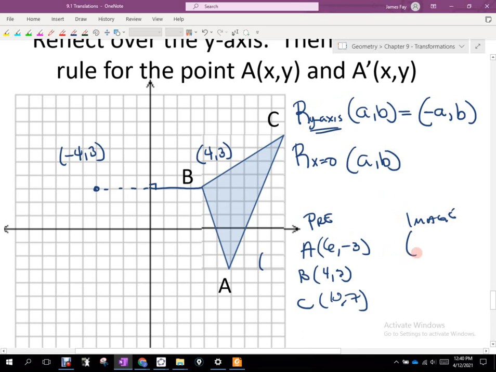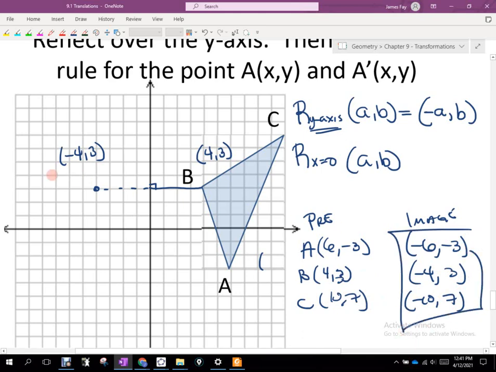Well, if you know the pre-image is (a, b), then you take the opposite of the a, which would be -6, and you keep the b value alone, -3. Take the opposite of the a, so -4, leave that one alone, so 3. And then this one, -10, 7. Okay? And if you plot those points, it will give you that triangle over here that is the direct reflection of that one across the y-axis, or x equals 0. That kind of make sense? Okay? So those rules are nice to use.